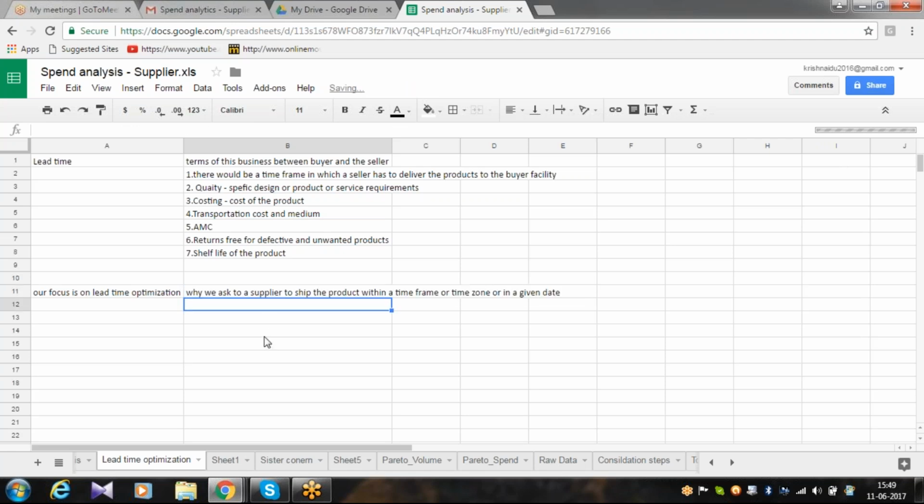Why do we ask our seller to ship the product by 24th of June 2007? Why do we give a date to a supplier to ship the product before a given date?